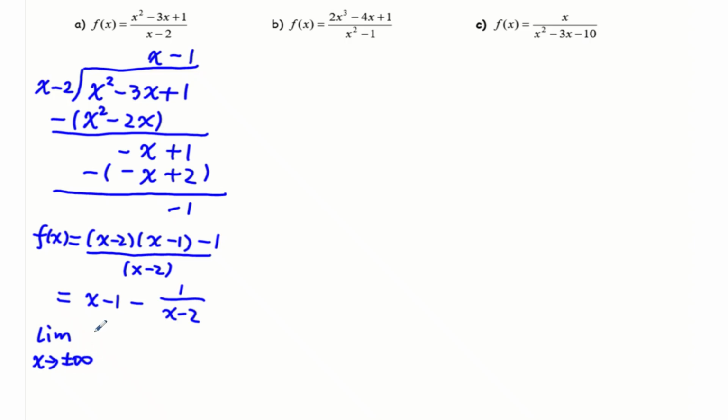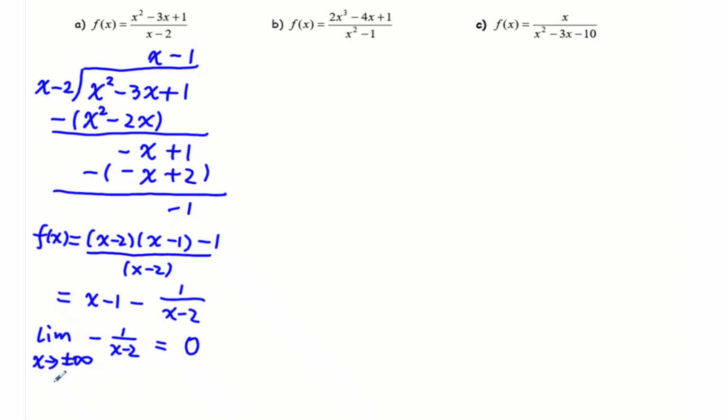Then we just find the limit of the remainder when x approaches negative or positive infinity. This part determines the above or below and the behavior. So we sub in, we know this is 0, so it will be 0.